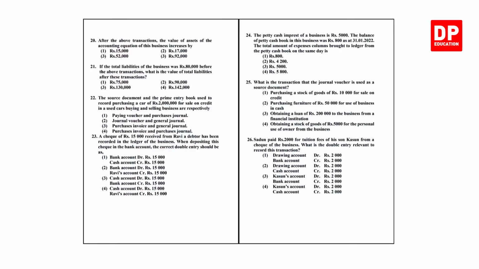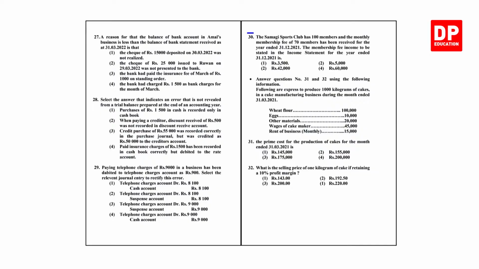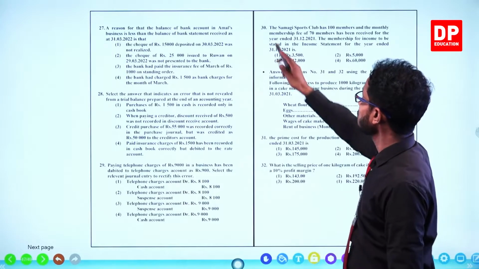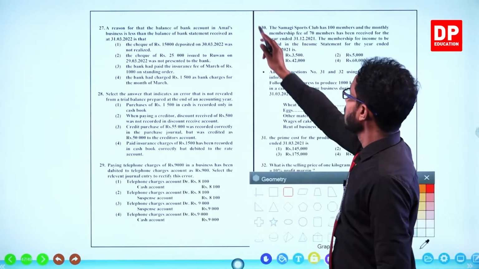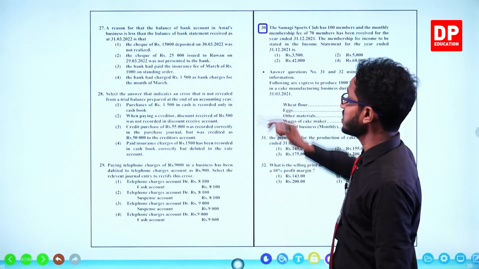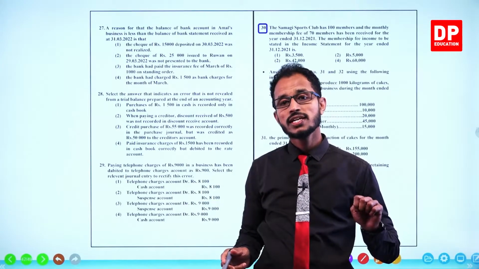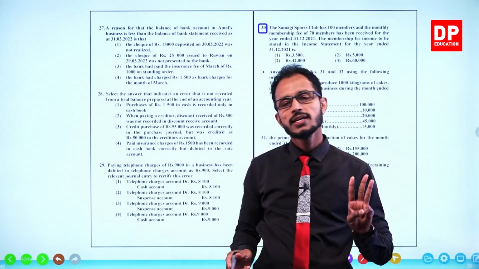Then 17, 18, up to the 30th question we cover in the second video, right? 1 to 16 in the first video, then 17 to 30 in another video, 30 to 40 in another video.